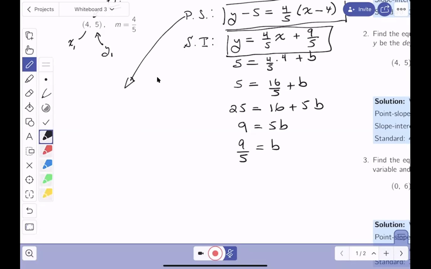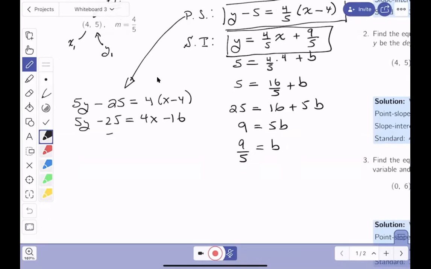So what do you get? I'm going to multiply both sides by 5. Right? What do you get? You get 5y minus 25. Again, I'm multiplying both sides by 5. You would get 4x minus 4. Let me keep going. 5y minus 25 equals 4x minus 16.